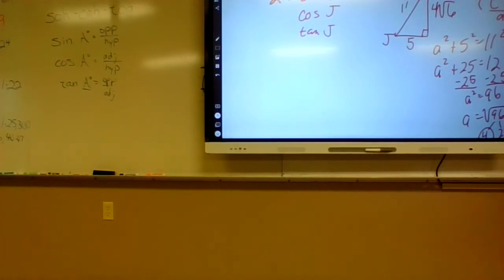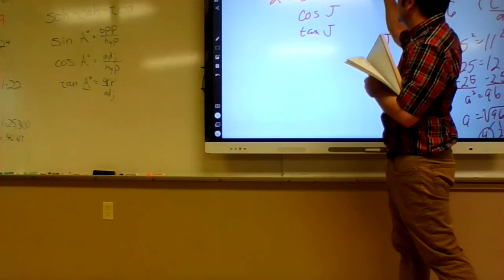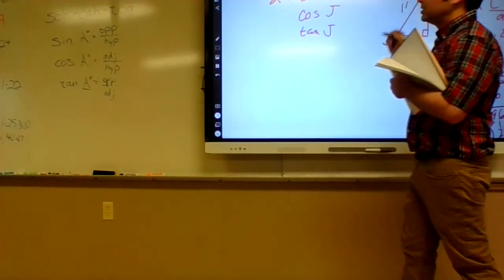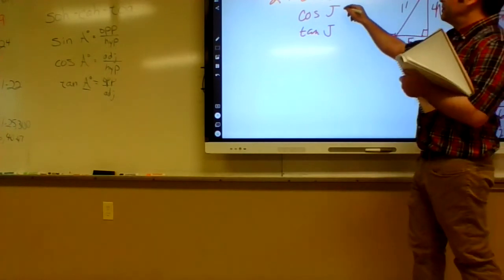What's the hypotenuse? 11. So it's just 4 square root 6 over 11. Okay, Tristan, we need cosine of J, so we need adjacent over hypotenuse. What is adjacent to angle J? That would be 11, or no, 5. What's the hypotenuse? 11. So it's just 5 over 11.